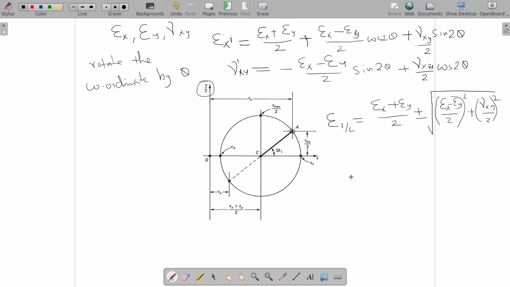So this will be the maximum and minimum values of normal strain. And for the maximum value of shear strain also, we can write similar equations, just the way we did for stress.